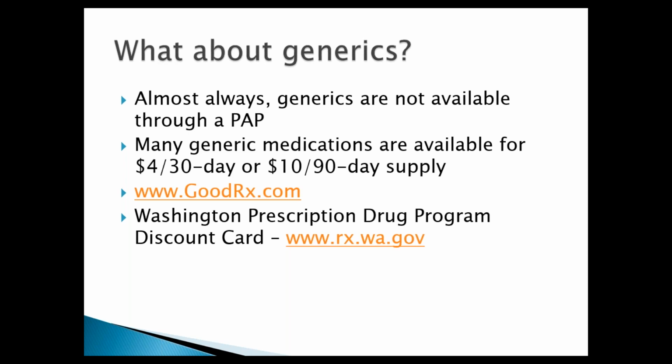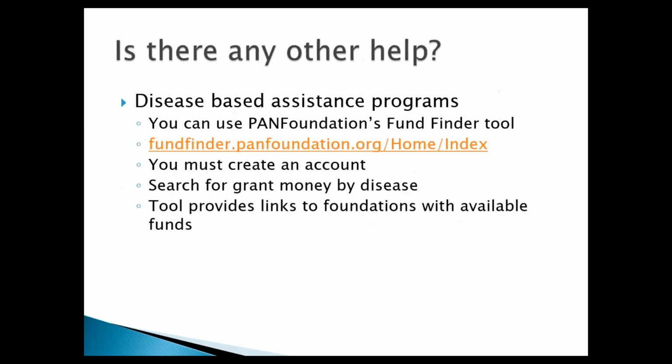They have really good prices on really cheap medications. So, if you have somebody who is not on Part D, that can be a good place to go for things like atorvastatin or metformin, really low-cost generics.